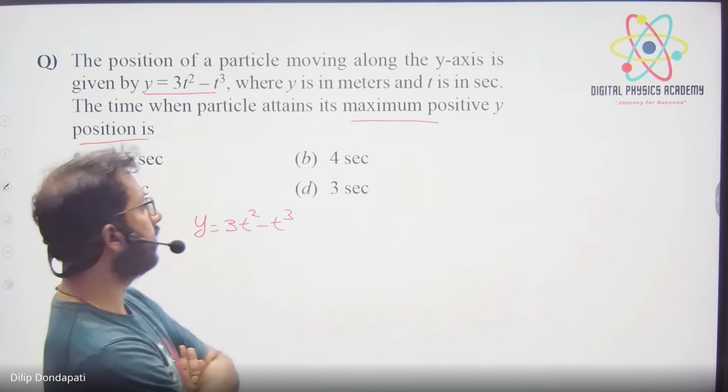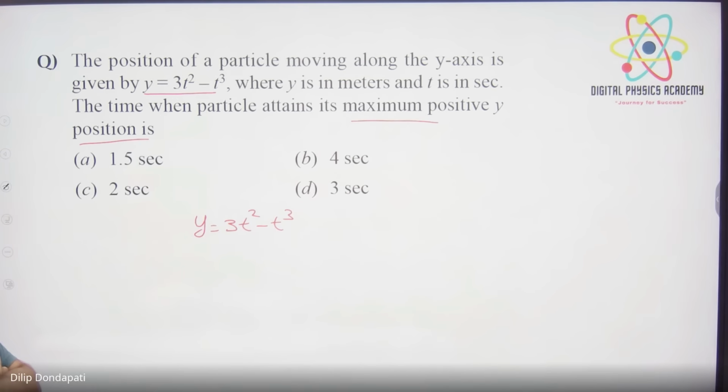At which time is the position maximum? So time t we have to find.